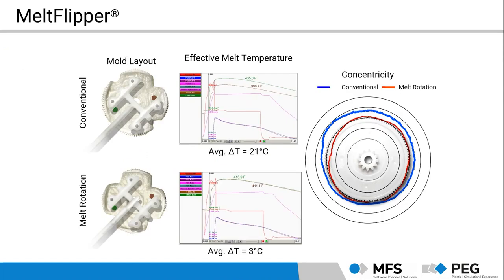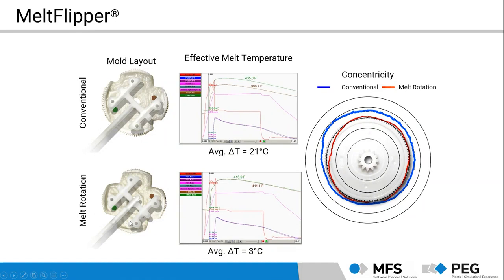This is another example. So we have two temperature sensors brought in here. This is this green and brown point on the geometry in the tool, and the temperature of the melt was measured during the process. Here we have a conventional, they call it conventional runner system. So that's the runner without any MeltFlipper technology.